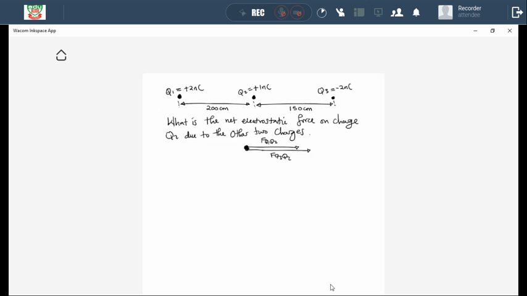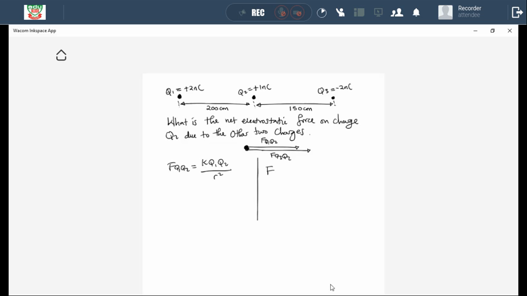Now I need to divide my page a bit and have two columns. On one side, I am going to calculate FQ1,Q2 using Coulomb's law, which is K Q1 Q2 over R squared.